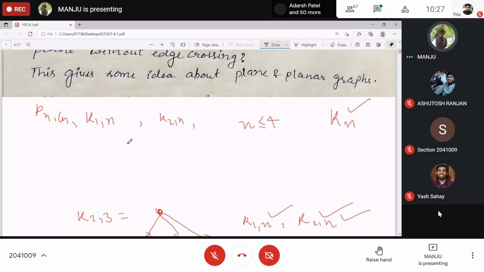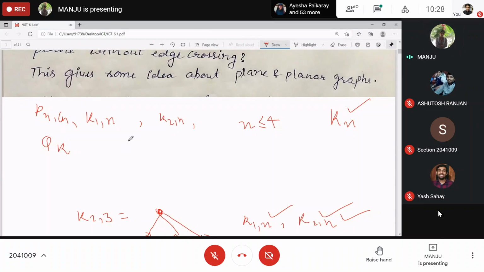What about Qk, the cube in k dimensions? Q1 is K2 only, that is planar.